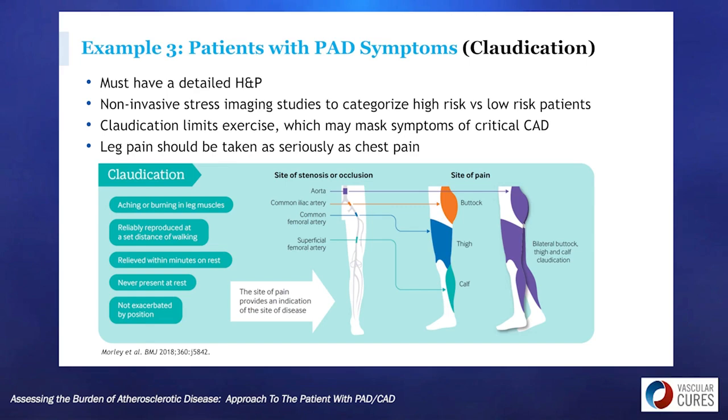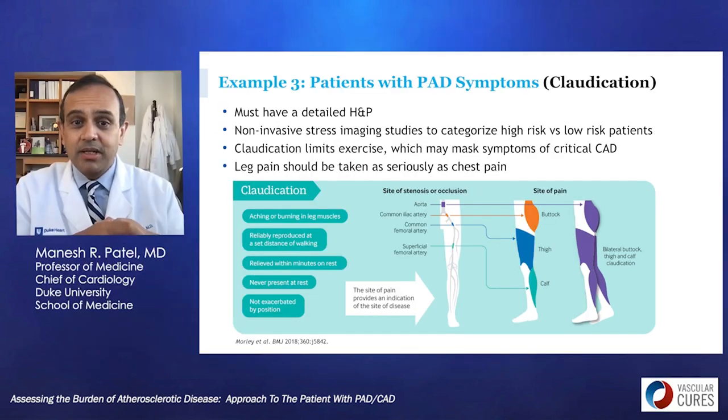But in fact, common iliac artery or iliac disease leads to that. Thigh pain on exertion is often tied to common femoral disease. And the most common that we hear about often is calf pain, walking and feeling your calf tighten and then having to stop and release that. Often I'll hear patients, as I said, using the grocery cart to stop and see if that calf gets less tight.